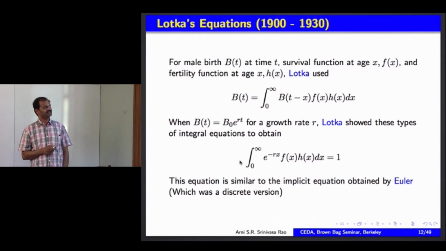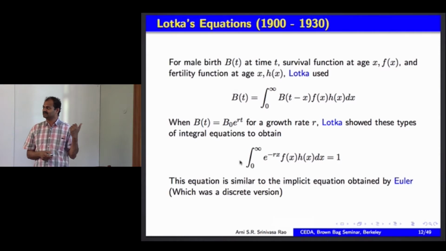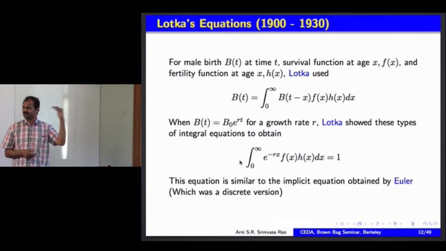When B_t is B_0 e^{Rt} for a growth rate R, Lotka showed that this integral equation can be obtained as ∫ e^{-Rx} f_x h_x dx = 1. So this equation is similar to the implicit equation by Euler, in a continuous version. The one we saw before is a discrete version of whatever Euler obtained, and this is the continuous version of that particular equation.